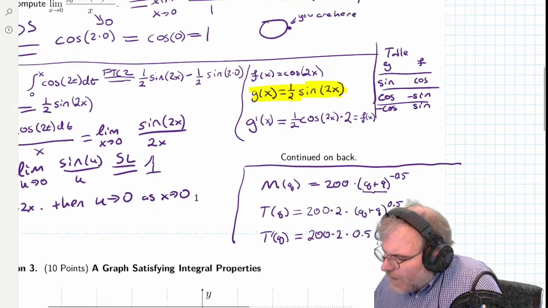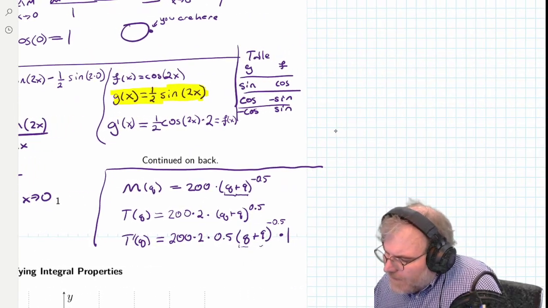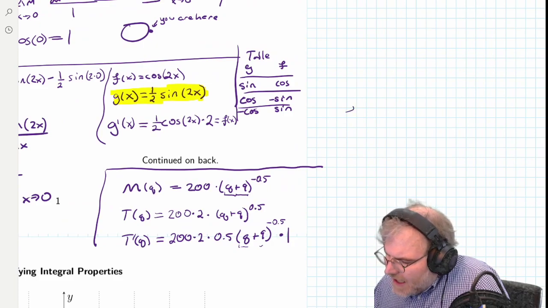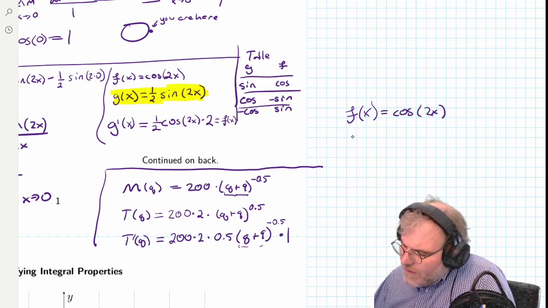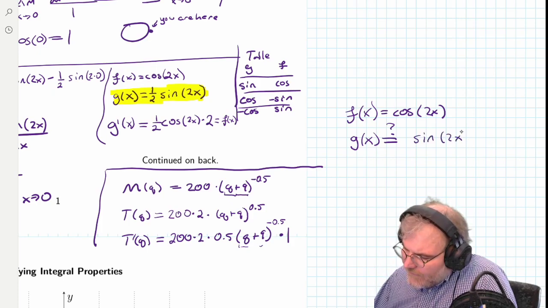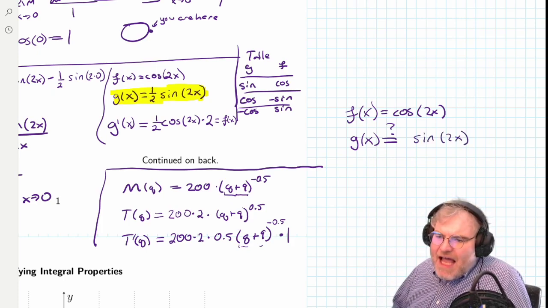My hypothesis was that the thing was my original g. I said f of x was cosine of 2x. So when I did my original g, my hypothesis was that this was actually sine of 2x. Right? That was the outer.